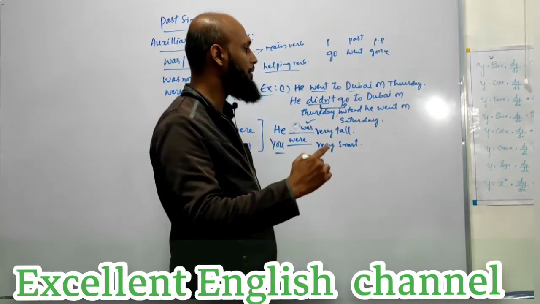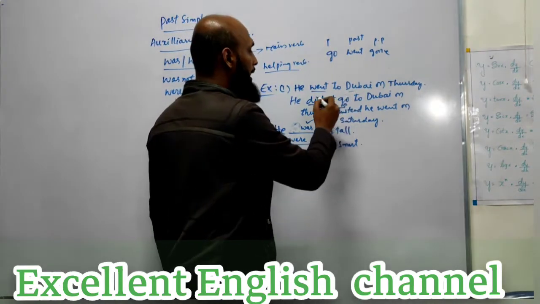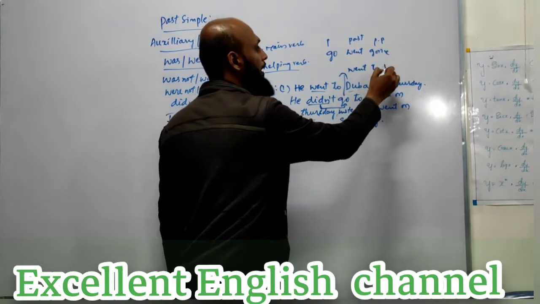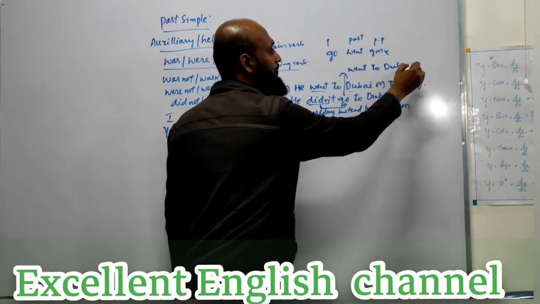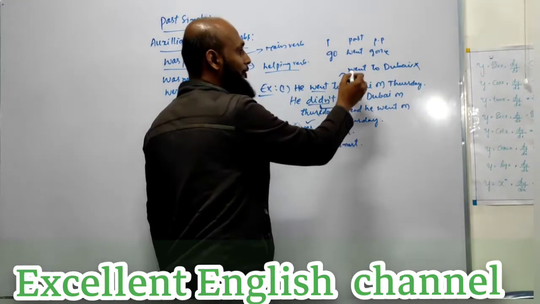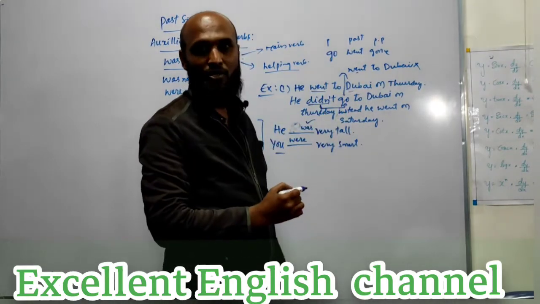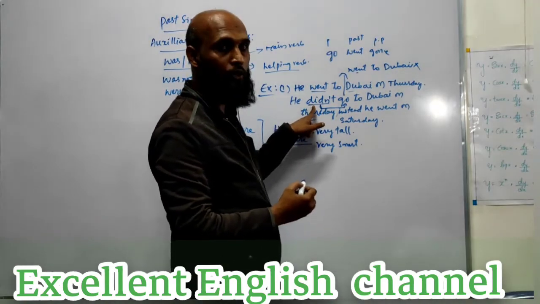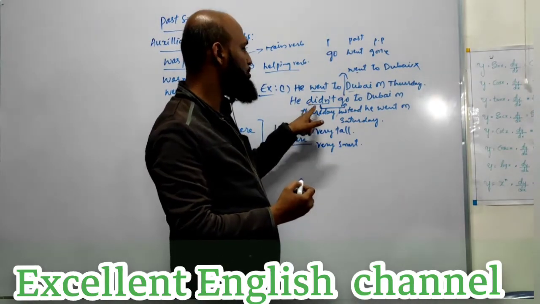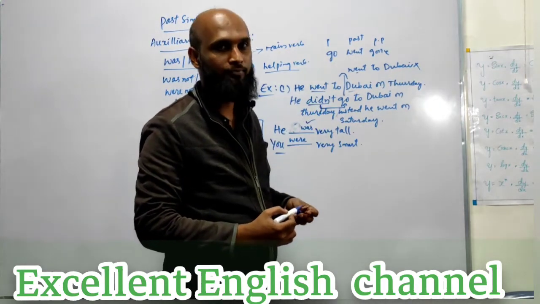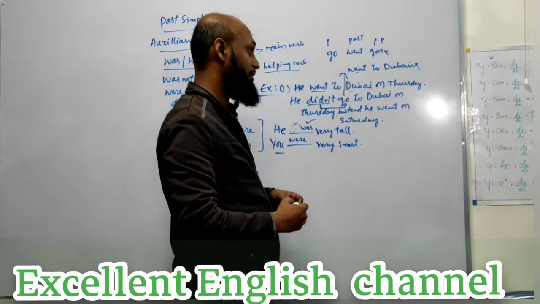Should not use it in the past form. You can't say that he didn't went to Dubai. This is wrong. You cannot use went with didn't or did. So you should be very careful when you are using did. When you use did as a helping verb, the following verb should be in the present form.